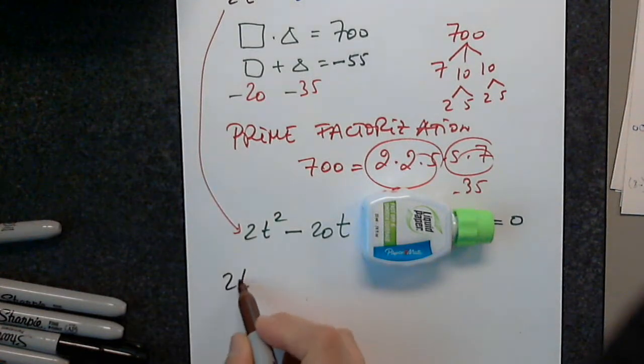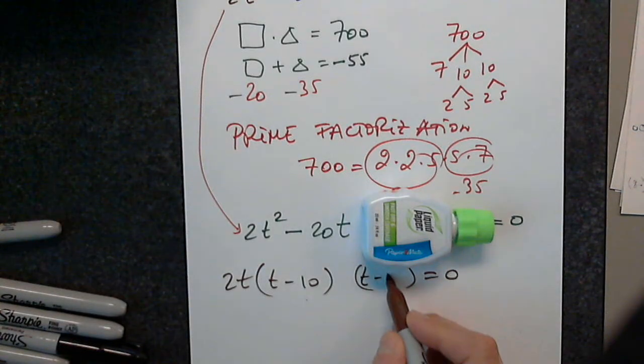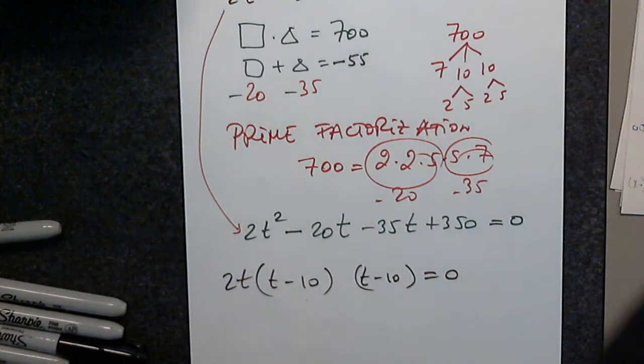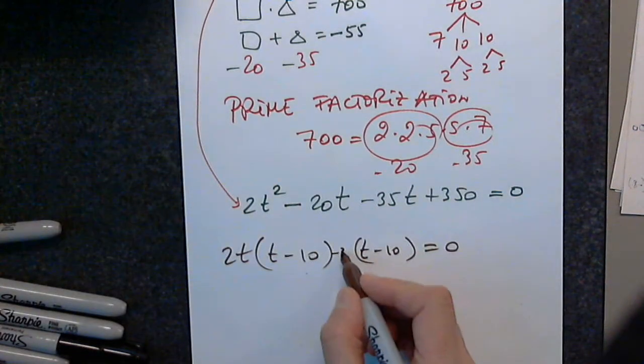Factor out 2t. Awesome. What is left? t minus 10. What do I have to write in parentheses? t minus 10. Now I look at the sign and factor out negative 35.